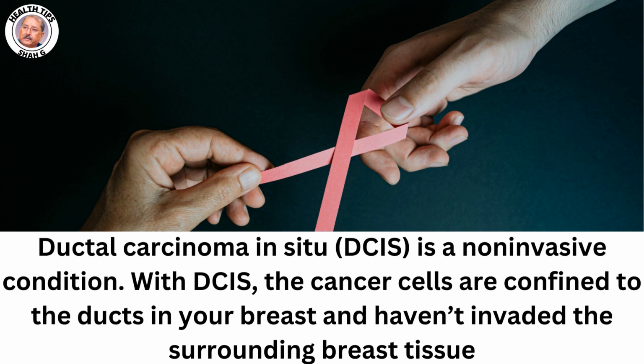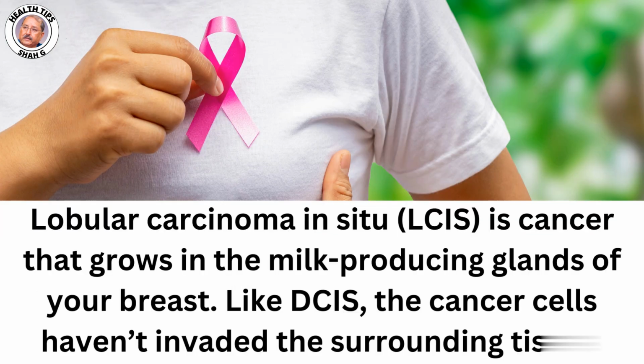With DCIS, the cancer cells are confined to the ducts in your breast and haven't invaded the surrounding breast tissue. Lobular carcinoma in situ, LCIS, is cancer that grows in the milk-producing glands of your breast. Like DCIS, the cancer cells haven't invaded the surrounding tissue.